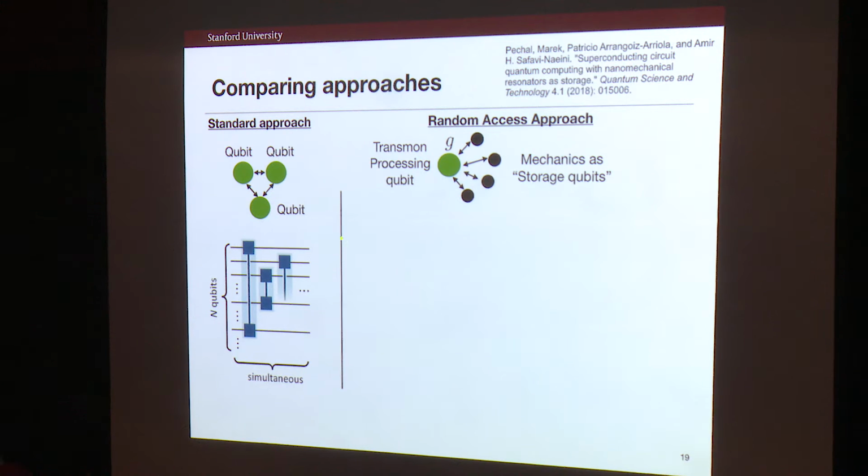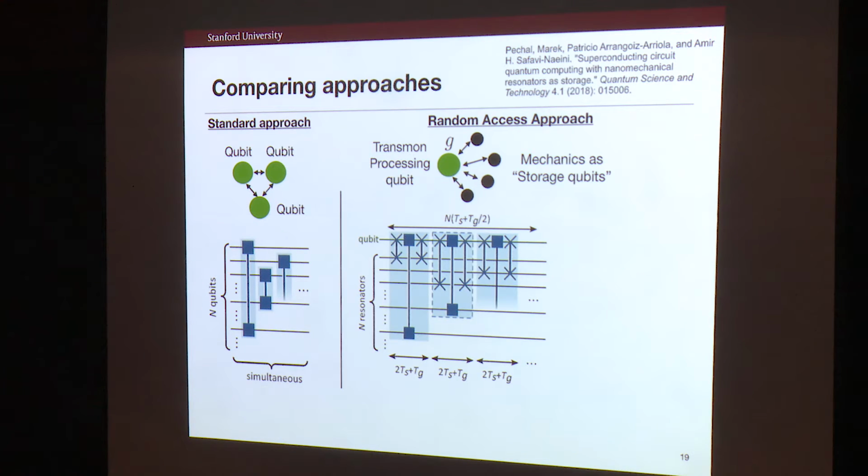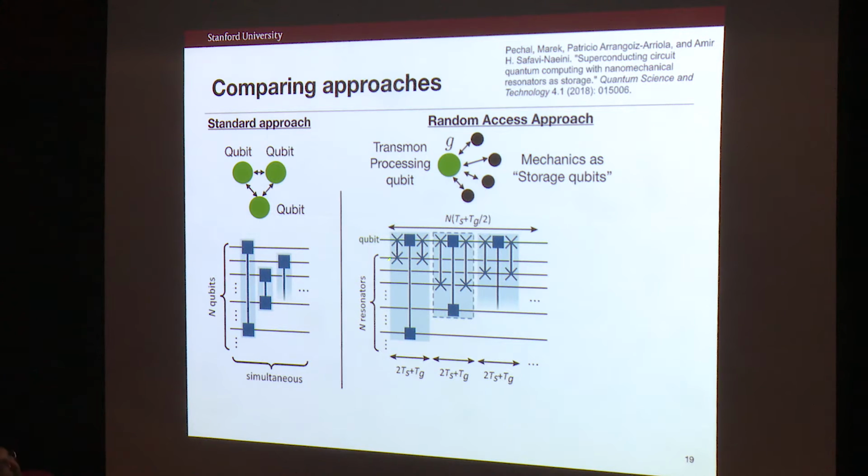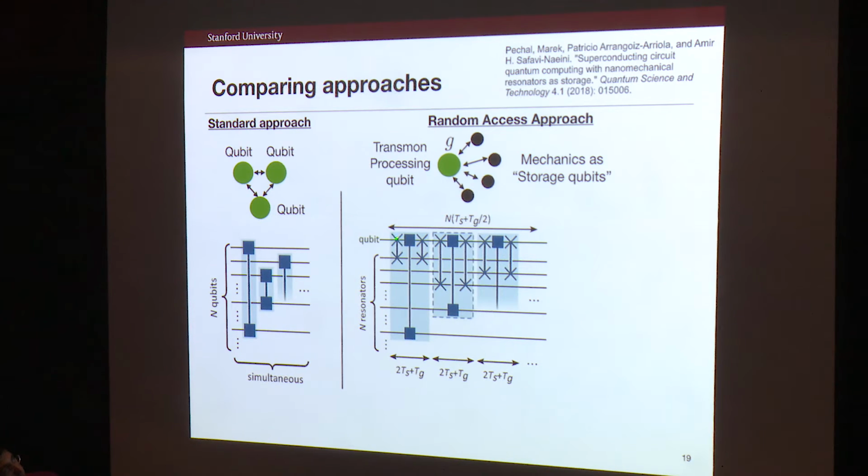In the random access approach, we have this processing qubit and these mechanical storage qubits. A naive way of doing things is, if I want to do a gate between 2 mechanical resonators, I can do a swap to a qubit, do a qubit mechanical gate, and then swap back. And so effectively I've done a gate between these 2 mechanical resonators.